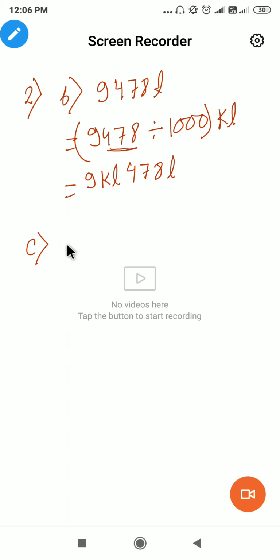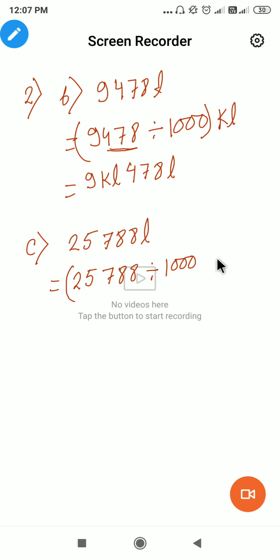Now go to another example, question number C. Question number C is given 25,788 liter. Again you want to convert liter to kiloliter, you have to go in the backward direction. That means how many rooms do you have to go back? You have to go back 3 rooms. That means you have to divide with 1000.